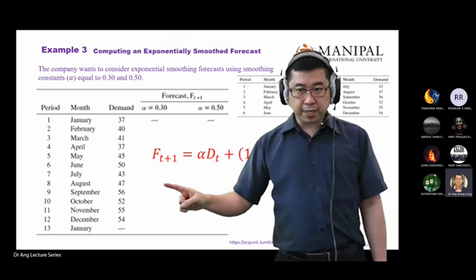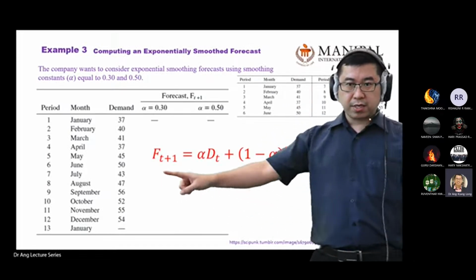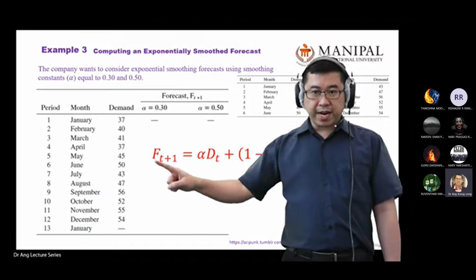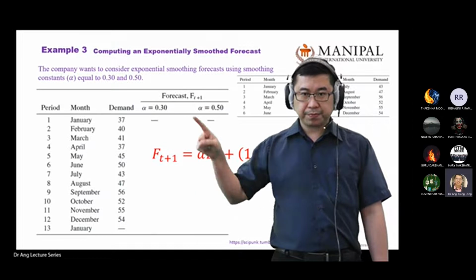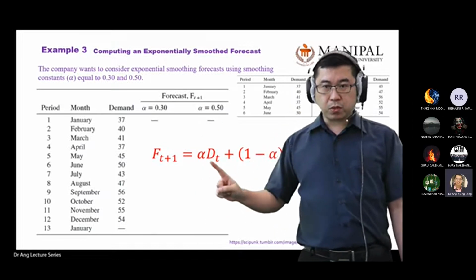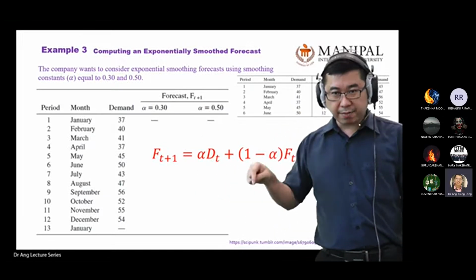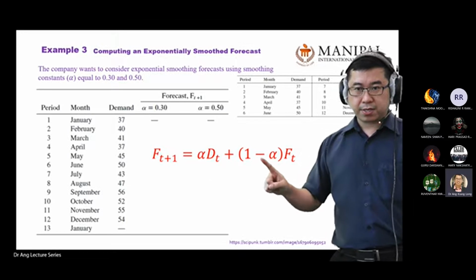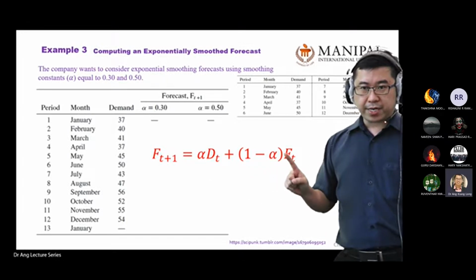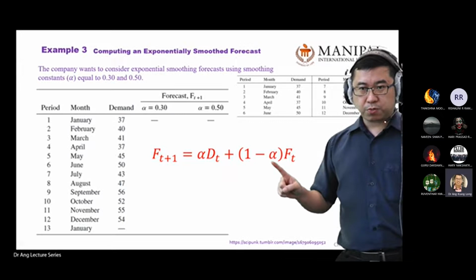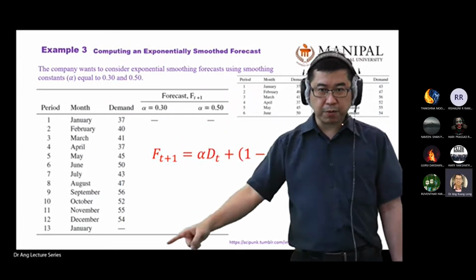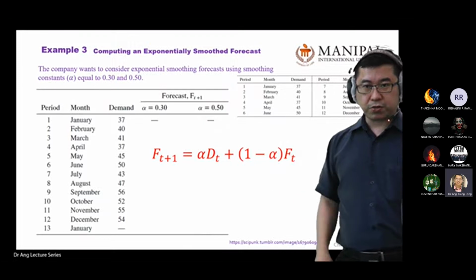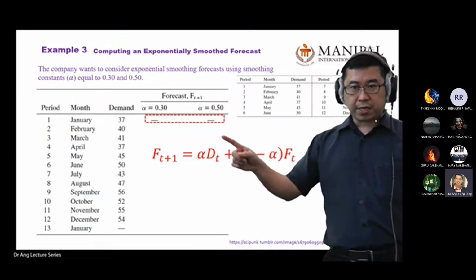Next, we copy the equation, the smoothing forecast F sub t plus 1, which is this column, equal to alpha times D sub t, which is the current month, plus 1 minus alpha times F sub t. This is the smoothing constant. You have two smoothing constants; we focus on 0.3 first.